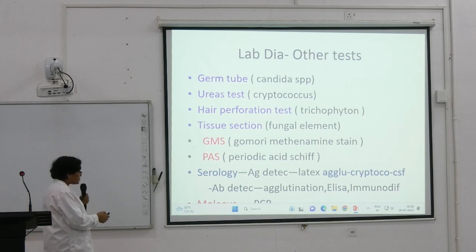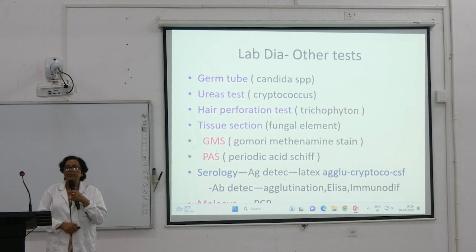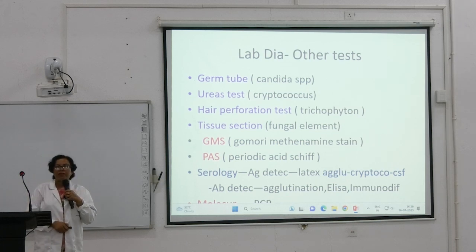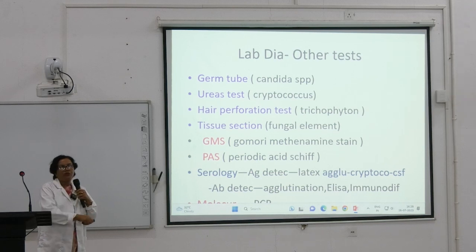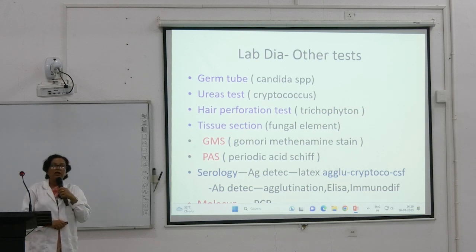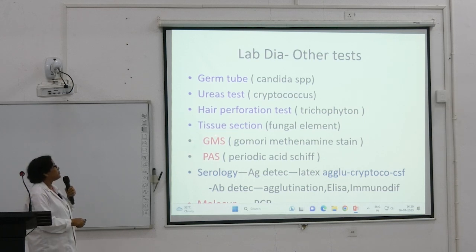Tissue section is tested by this stain, GMS, Gomori methenamine silver stain. Gomori methenamine stain is used for biopsy material. PAS, periodic acid Schiff. You have to mention these points for lab diagnosis. So for biopsy to diagnose fungus, you have to go for GMS or PAS, periodic acid Schiff.